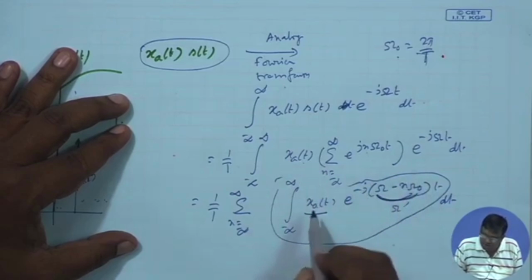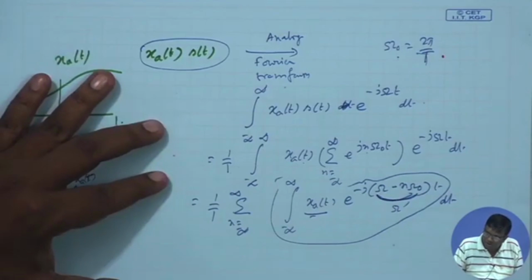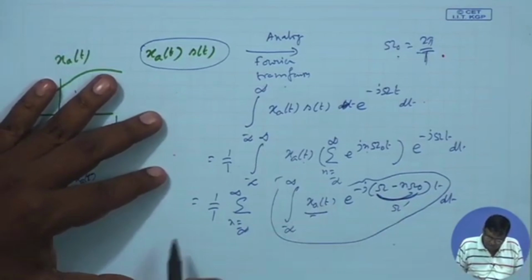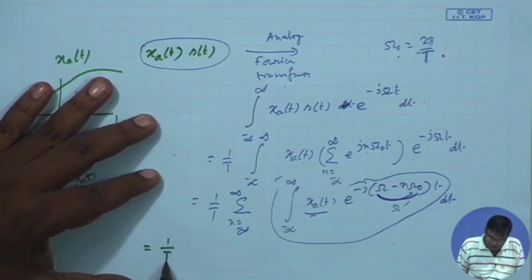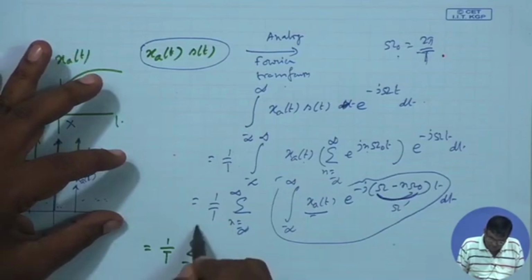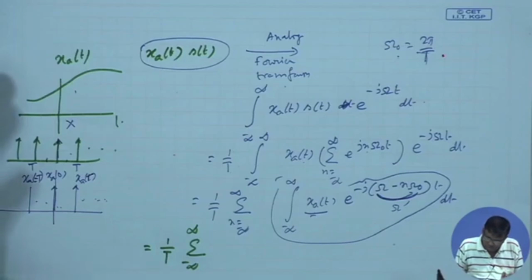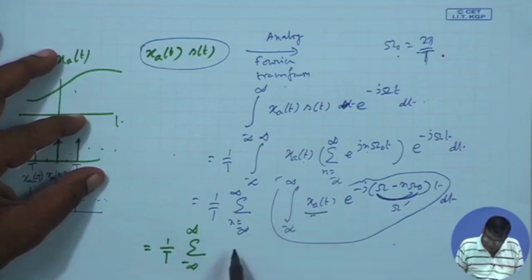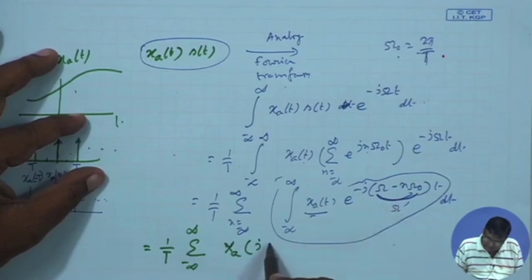So, it is the analog Fourier transform of this at frequency omega prime, which means this is capital X A, for analog Fourier transform, so remember, capital X A j, capital omega minus n omega naught.